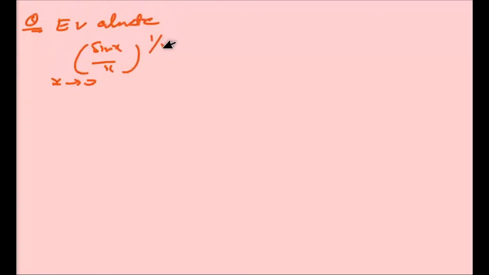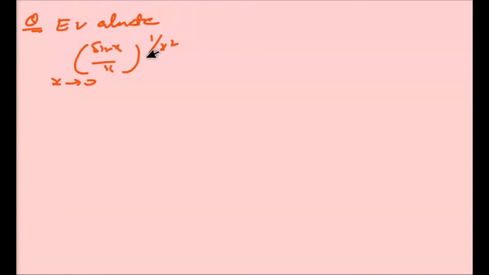So one more question I am doing for the same, so that you can better understand. Evaluate limit of sin x upon x, x tends towards 0, to the power 1 upon x square.